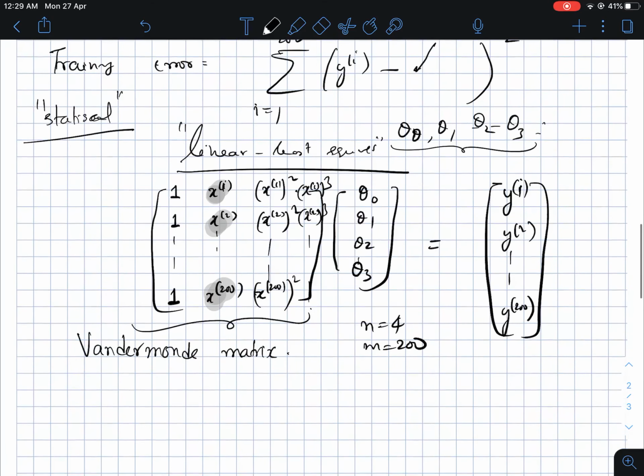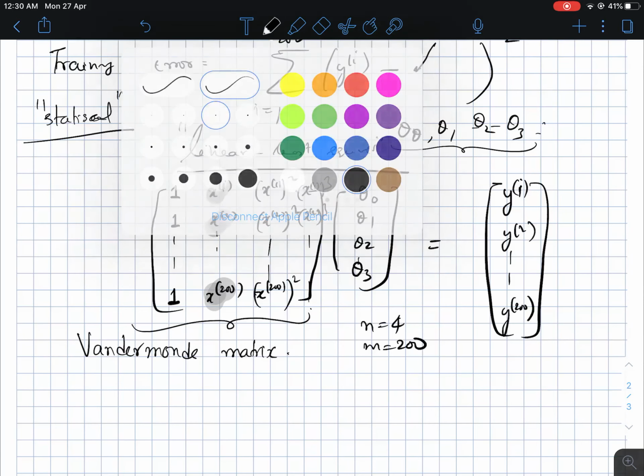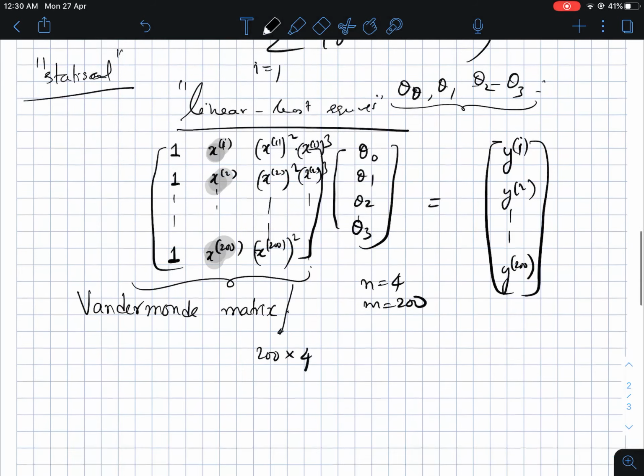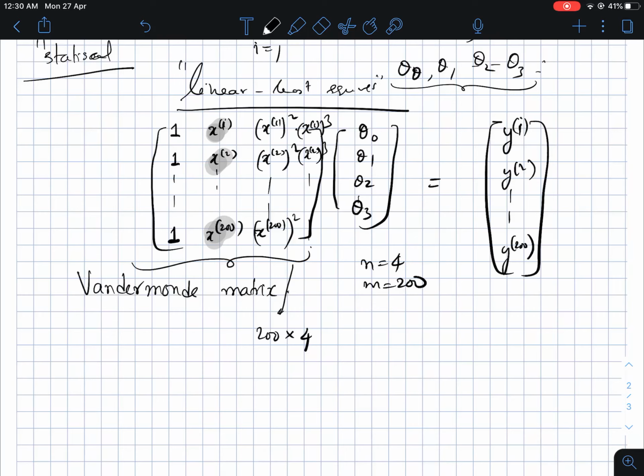So if x1, x2 up to x200 are all distinct, then the Vandermonde matrix is going to be invertible, even if you have a 200 cross 200 matrix. Okay, fine. So in this context, once again, you don't have 200 columns. You only have 200 cross 4. It's a very, very tall matrix.